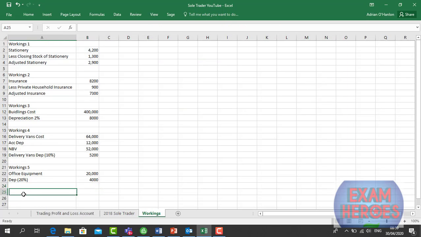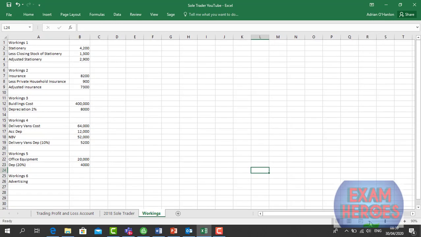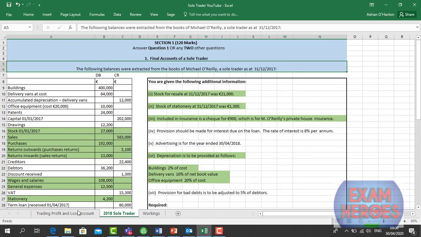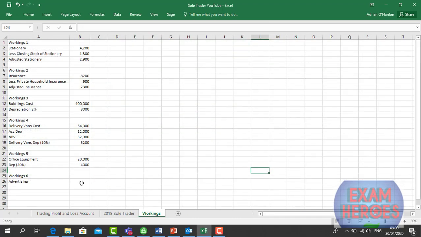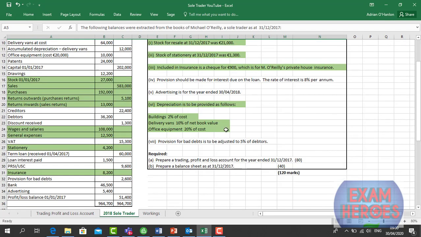So I'll just call this workings 6. Call it advertising. And so my advertising charge is 5,400. As I said, I'm only getting use of 8 of the 12 months that I've paid for.